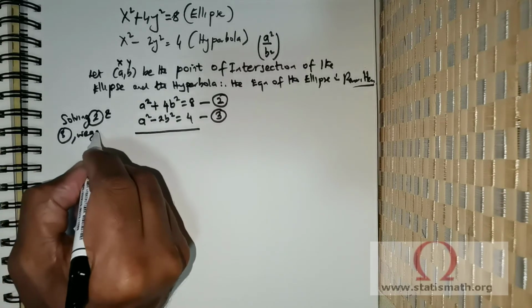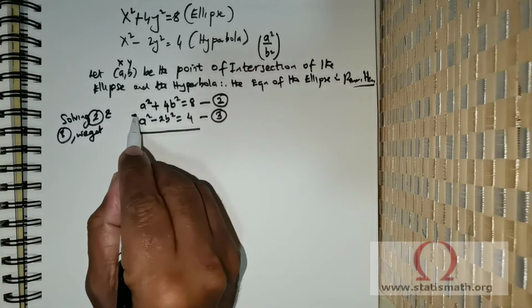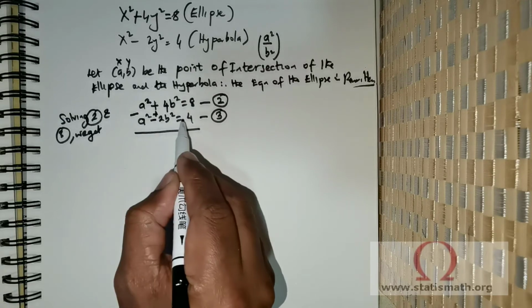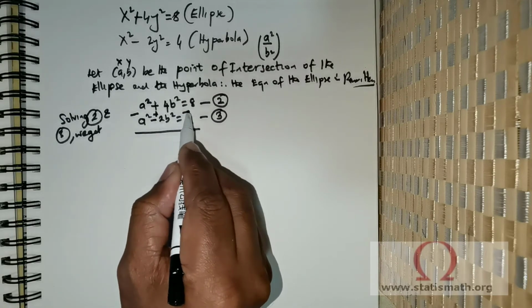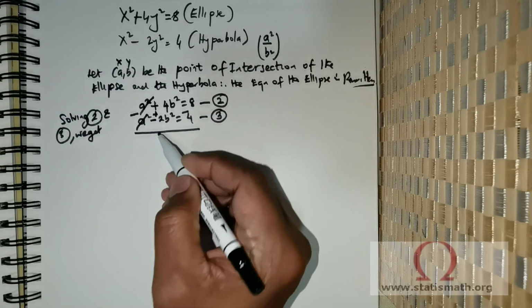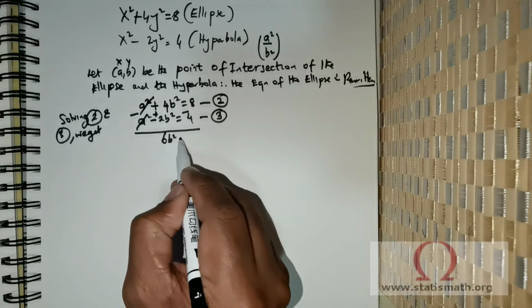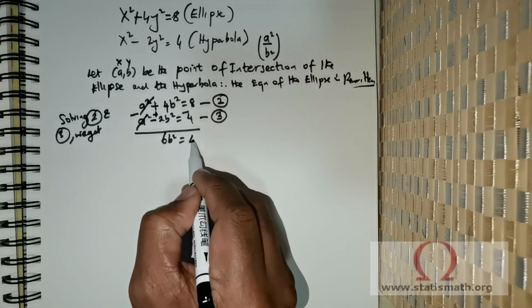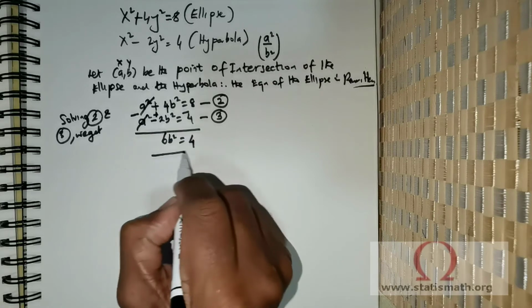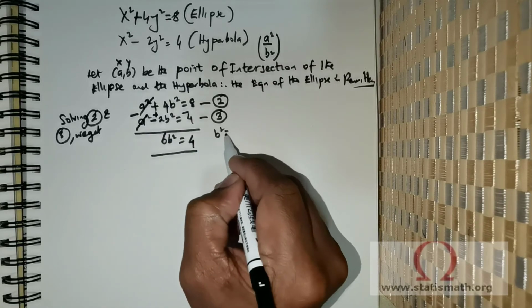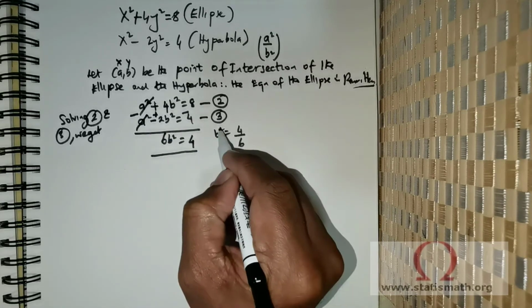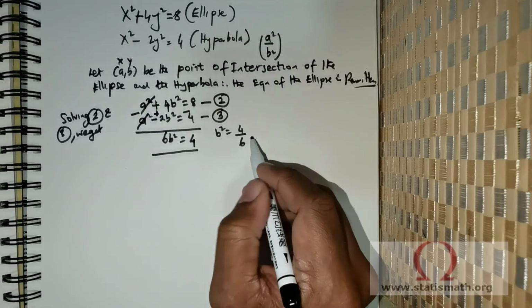When we solve 2 and 3, we change the sign. This is negative, positive, positive, negative. a squared will be cancelled. This will give me 6b squared, and 8 - 4 gives me 4. So I have b squared = 4/6.